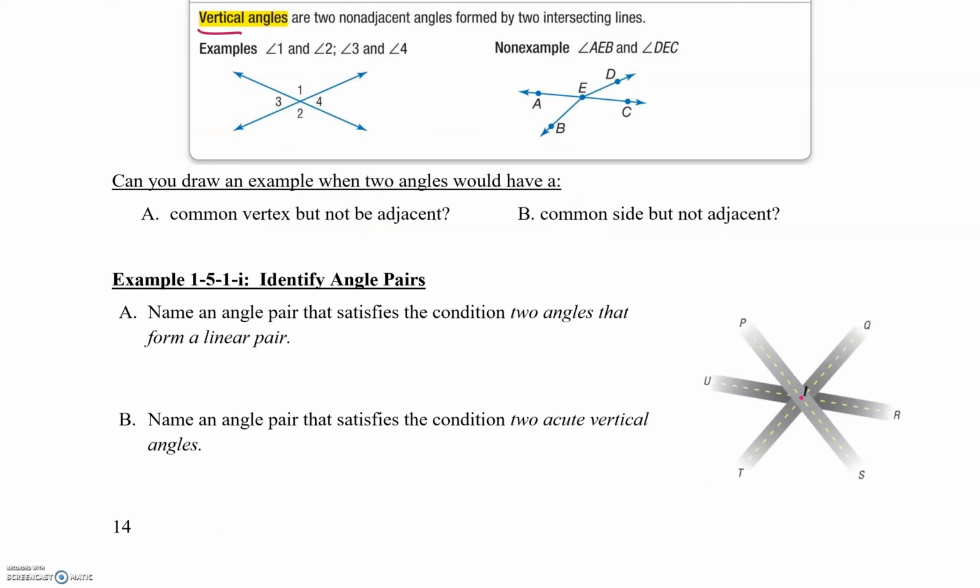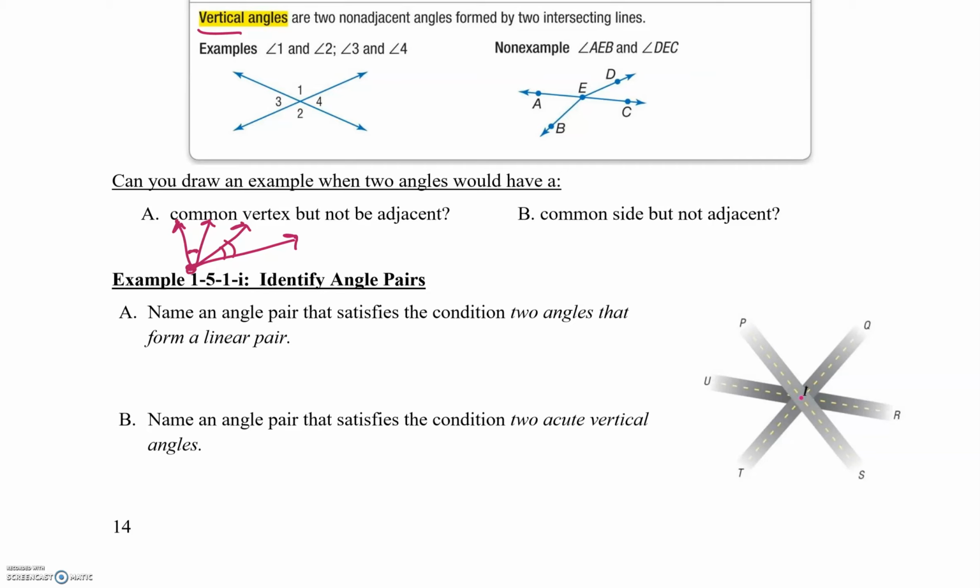So can you draw an example of two angles that would have a common vertex but not be adjacent? So if you're not quite sure, you can kind of see my examples here. I would do the best I can drawing an angle here and an angle here. So they are sharing a common vertex, but they're not adjacent.